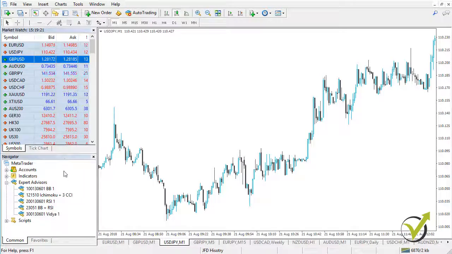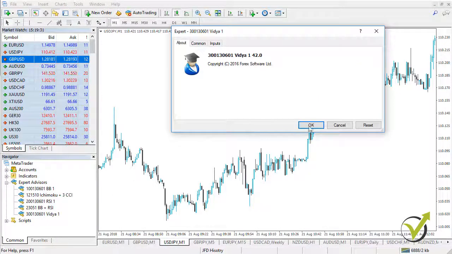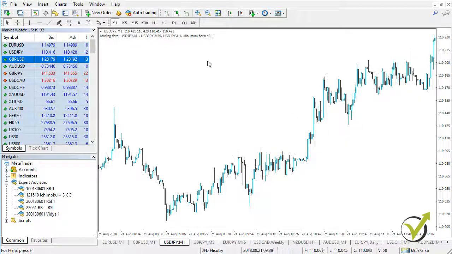So if you look at my chart, I will just demonstrate it to you. So for example, if you have the dollar yen strategy, and if I drag the expert advisor over it and I click on OK, you will see this message loading data for dollar yen on M1, dollar yen on M30 and dollar yen on H1.